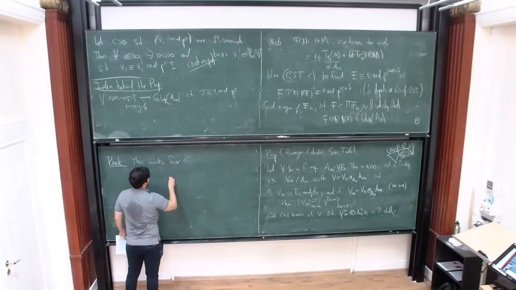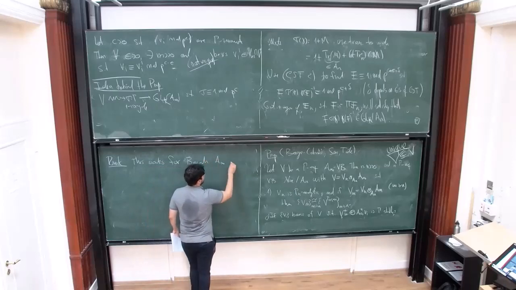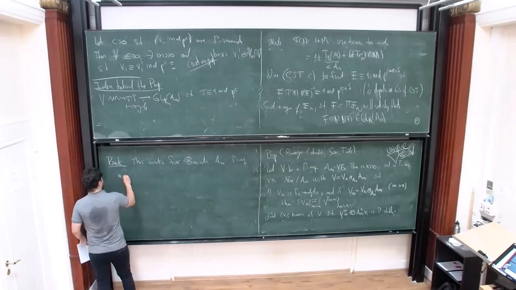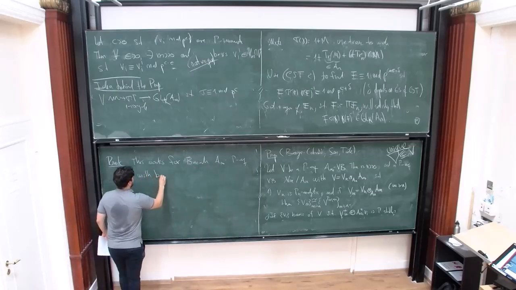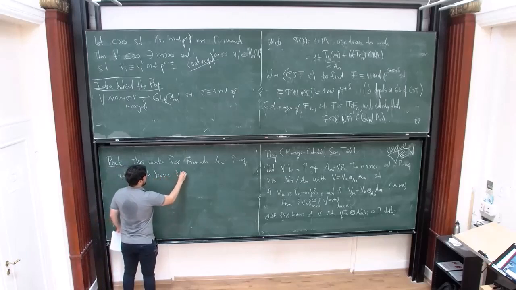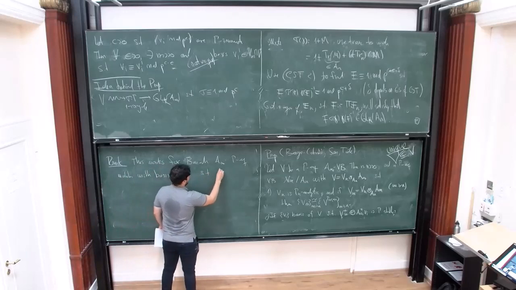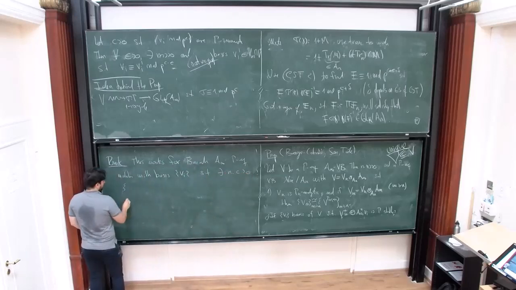Let's say, for example, for Banach representations, Banach invariant modules with basis, such that there exists some n bigger than 0 where the action of gamma n in these bases is trivial.